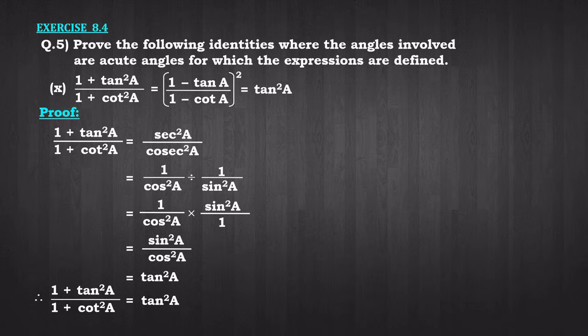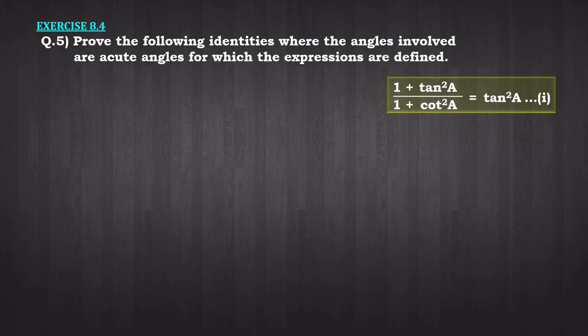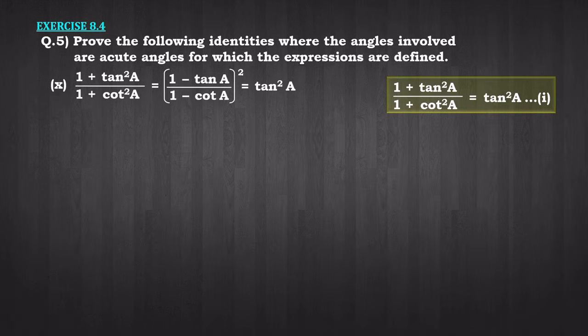From the previous proof, (1 + tan²A) upon (1 + cot²A) is equal to tan²A.